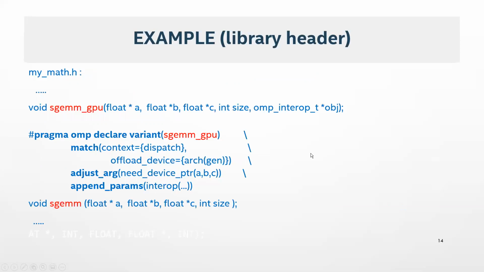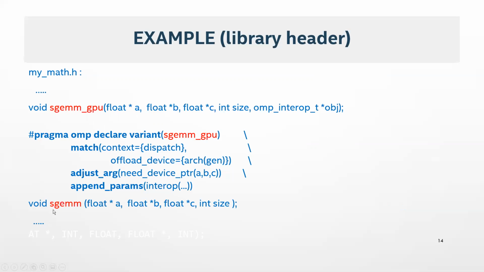Now here's an example of how you would use variant dispatch functions. Let's assume you have a math library, my math library, and you have a SGEMM, which is a customized GPU routine. You have your regular arguments, and then an additional argument, an interop object.